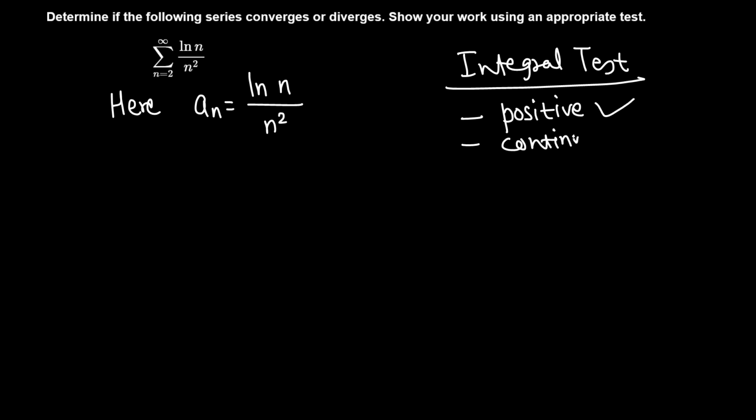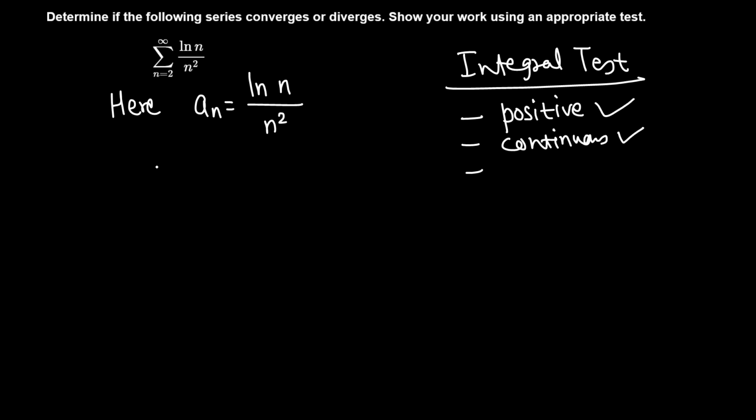Yes, this is a continuous function, and the denominator is not going to be 0, so their ratio is also continuous. And eventually, because the bottom grows faster than the top, you can see from the graph that this is decreasing.